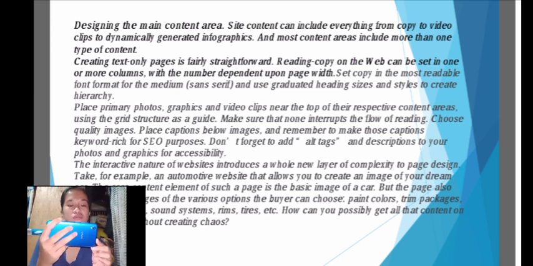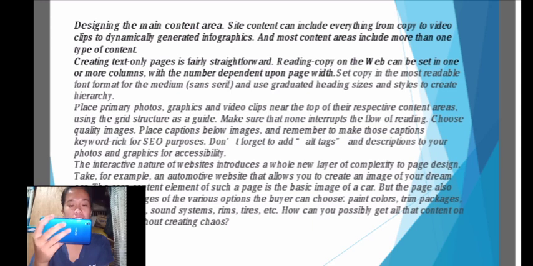Place captions below images and remember to make those captions keyword rich for SEO purposes. Don't forget to add alt tags and descriptions to your photos and graphics for accessibility.